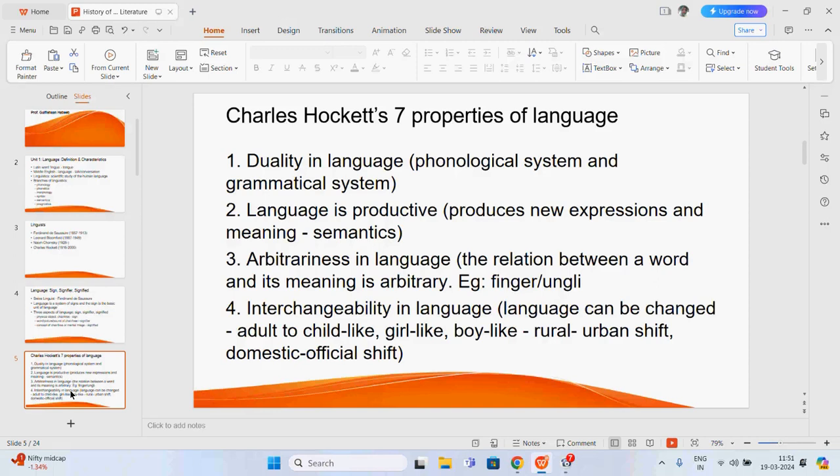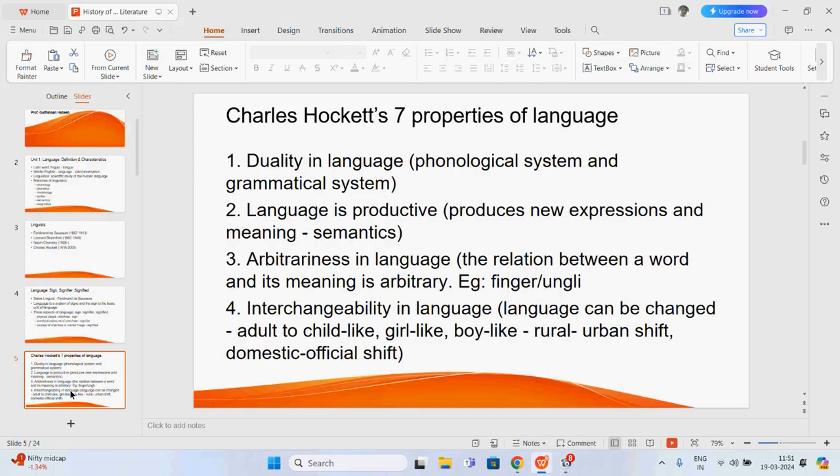Then there may be interchangeability in language depending upon whether a person is from the rural region or from the urban region. Very often, in your own mother tongue, whether it is Hindi, Urdu, or any other language, you might be noticing the difference between the dehati way of speaking and the city way of speaking.